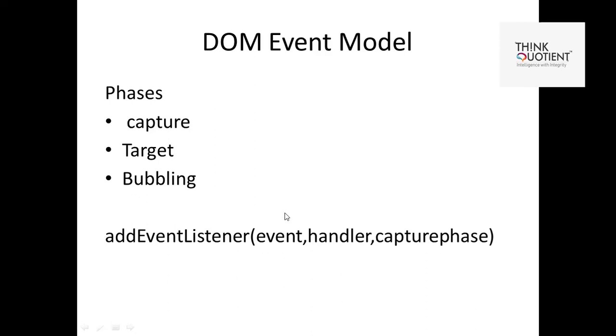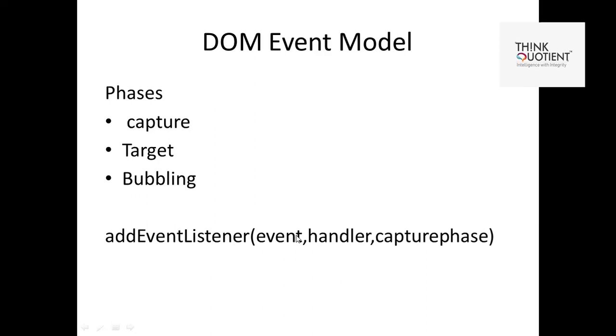The event indicates the type of event which occurred, right? So it may be onclick, onchange, onmouseover, right? And the handler is that which has to be called when the event occurs, right?